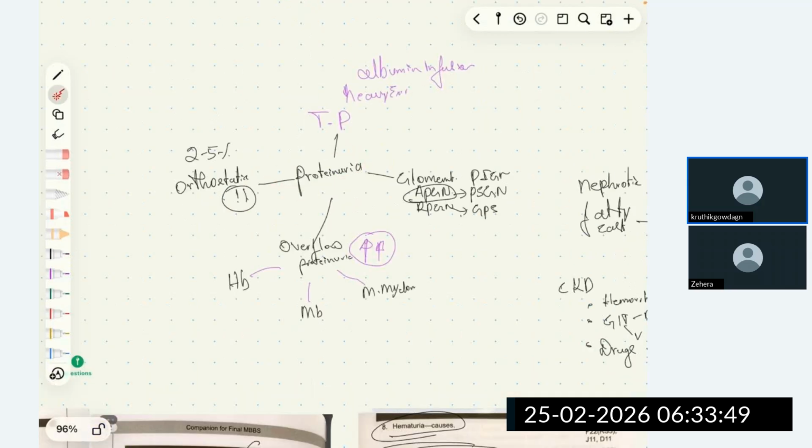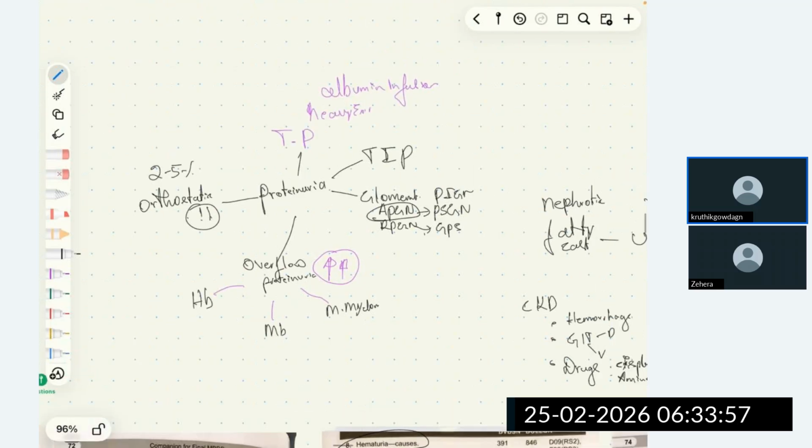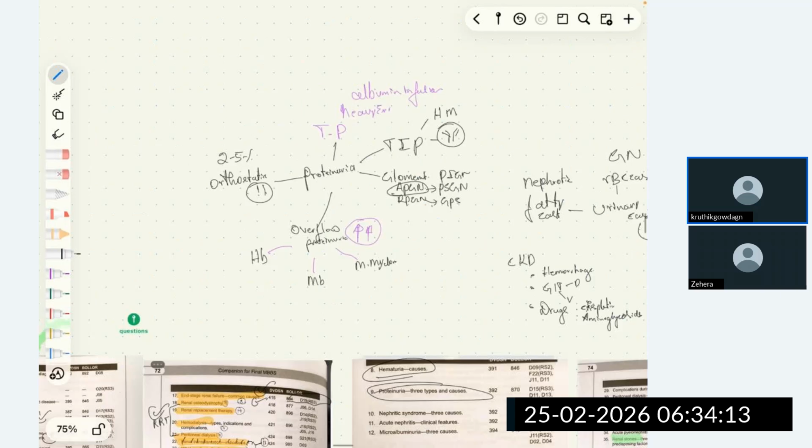Let's mention 4 types. Tubulointerstitial proteinuria: due to disease of the tubulointerstitium, proteinuria is seen, for example heavy metal intoxication and autoimmune conditions causing tubulointerstitial disease.